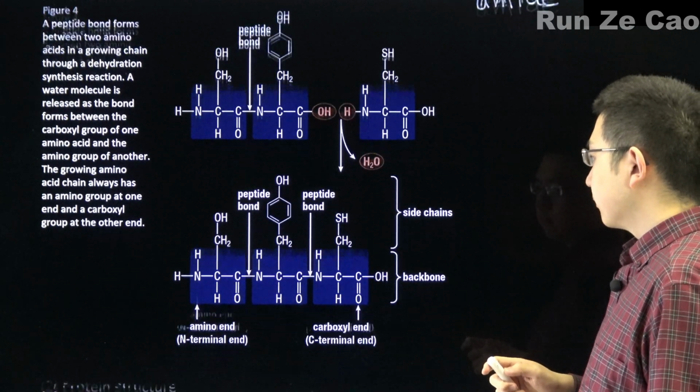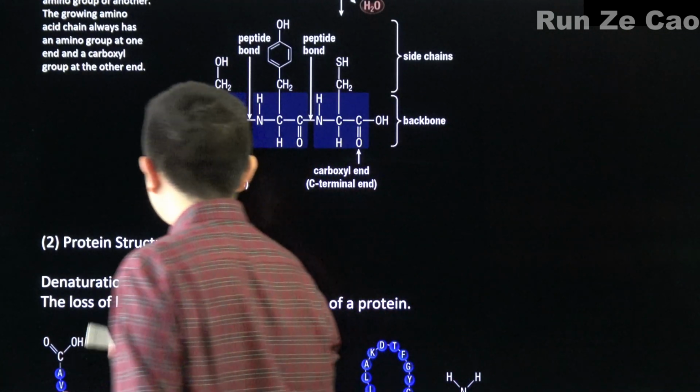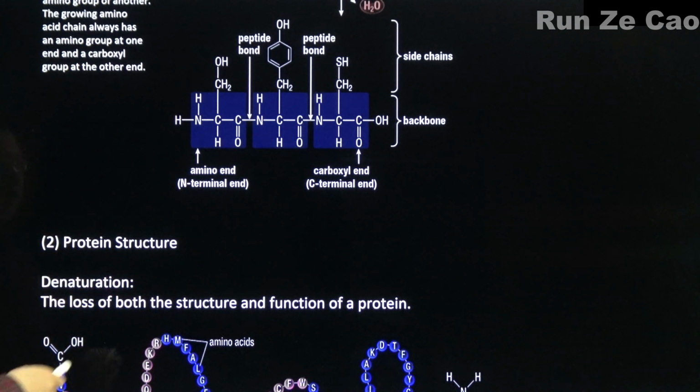Okay, we notice that with a polypeptide, we will have one end showing an amino end, and the other end is a carboxyl. So we have an N-terminus and a C-terminus. Now, how are proteins synthesized?